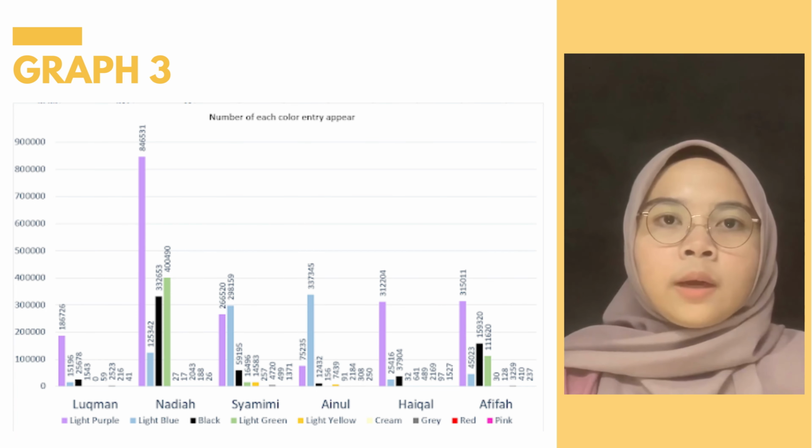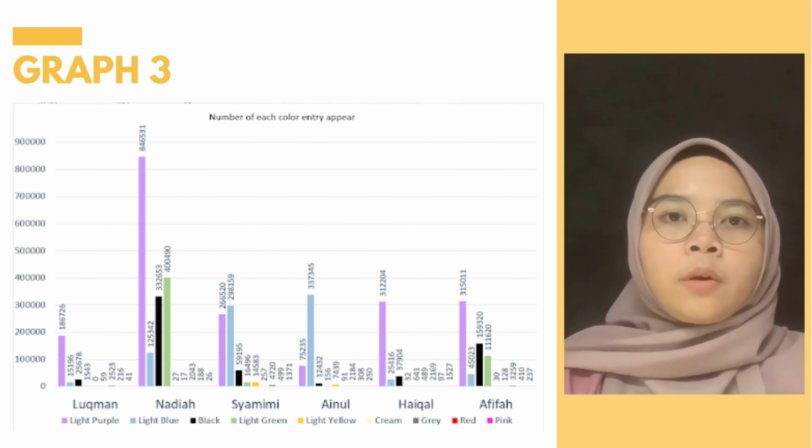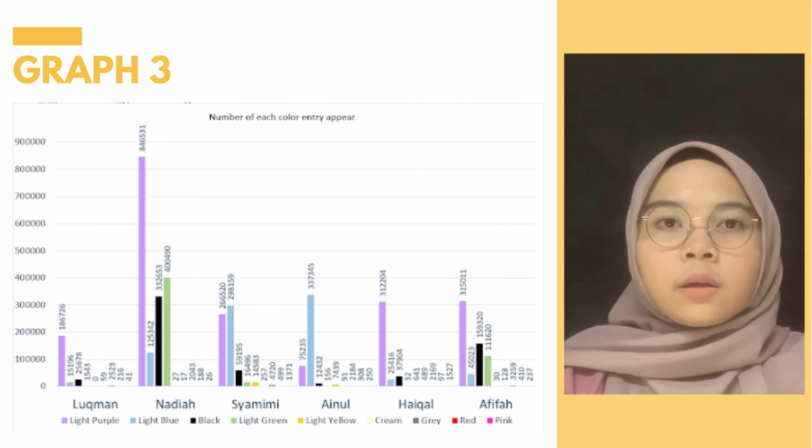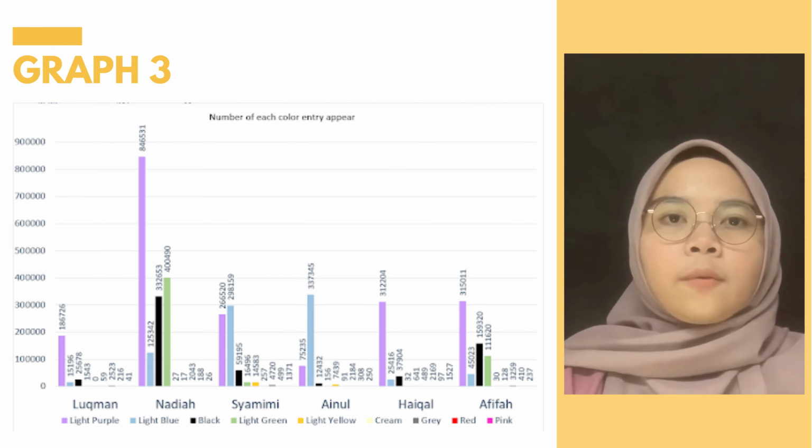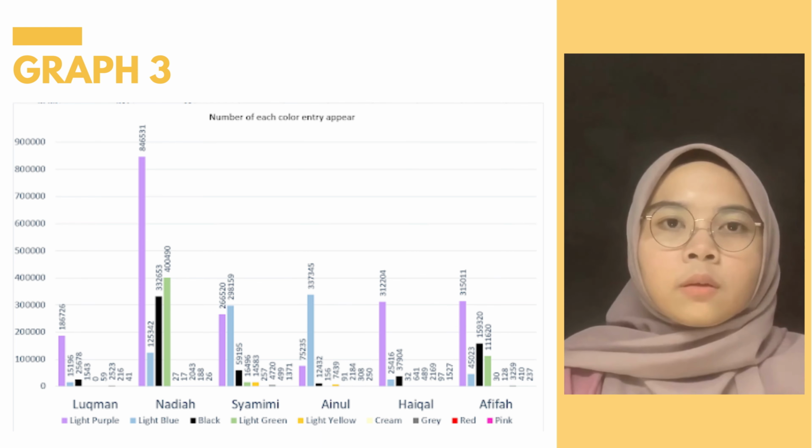For light purple, Nadia has a huge amount compared to others with 846,531, while the lowest is Ainu with the value 75,235.